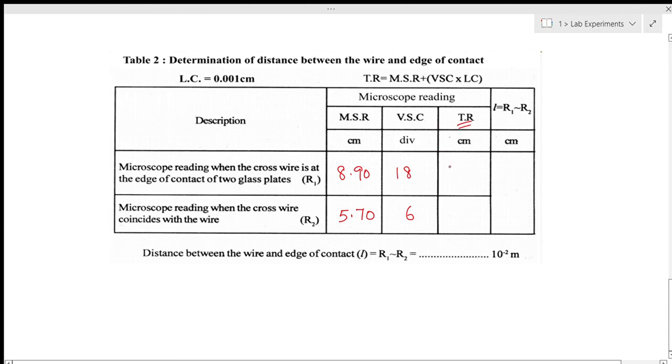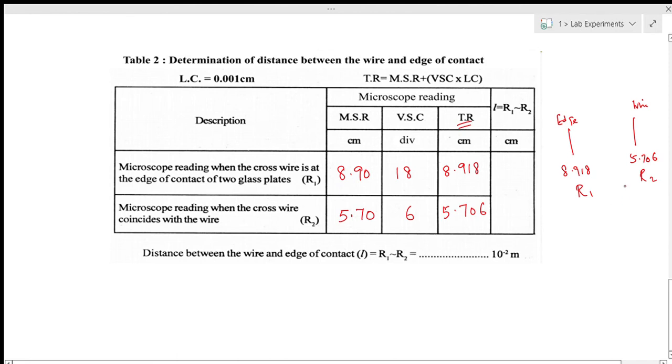So I get 8.918, 5.706. So the difference between these two is, this is the edge of contact and this is the specimen wire. So this is 8.918 and this is 5.706. This is considered as R1 and R2.